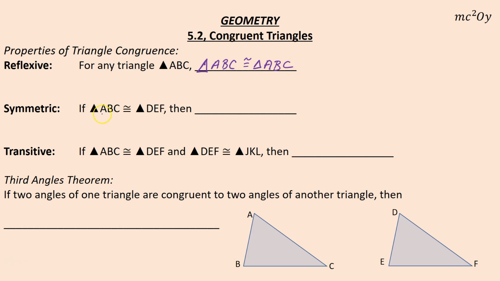Symmetric property: if ABC is congruent to DEF, then triangle DEF is going to be congruent to triangle ABC. The symmetric property is almost like the commutative property; you just switch them around. And then remember the transitive property: if ABC is congruent to DEF and DEF to JKL, then we eliminate the middle piece and say ABC is congruent to JKL.